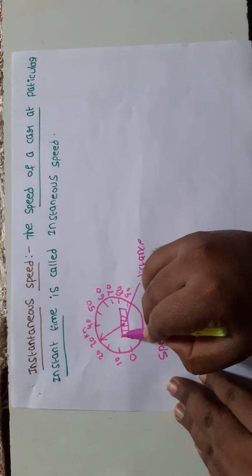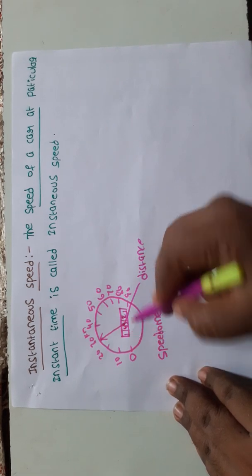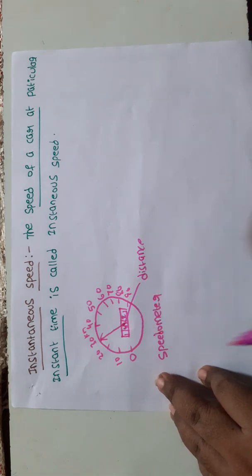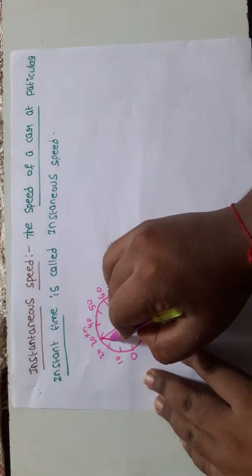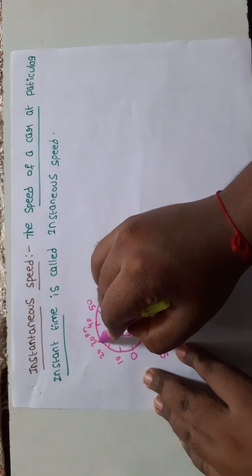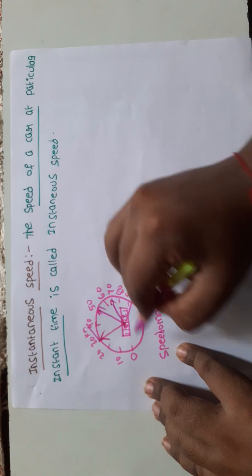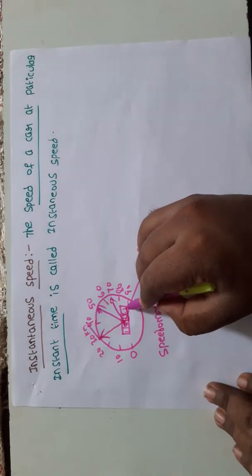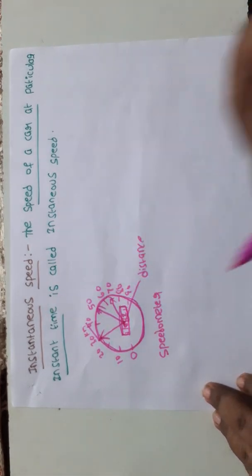It may be 14321, so the vehicle has traveled 14,321 kilometers total distance. At a particular time, the speed of the vehicle is 30, 50 or 70 kilometers per hour. This is called the odometer, and this is called the speedometer.